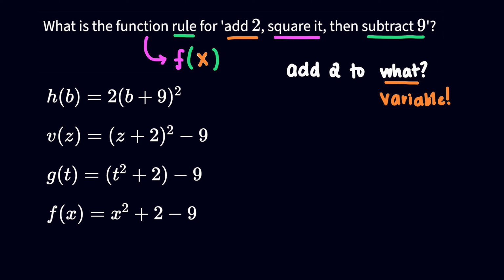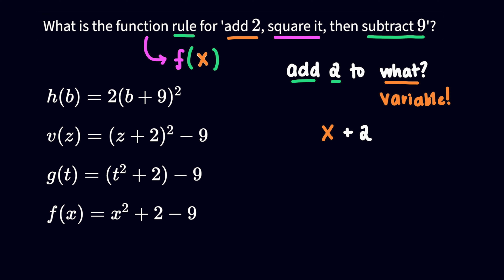Now, for addition, it doesn't matter whether you say x plus 2 or 2 plus x. But maybe because it said literally add 2, I'm going to have my variable first, and then I will add 2 after it.